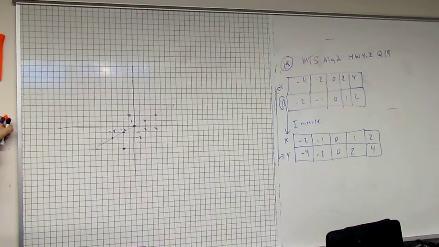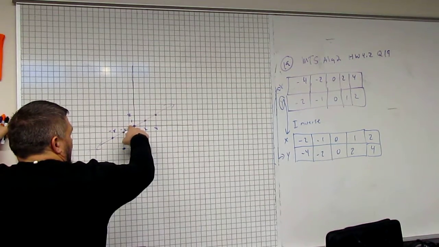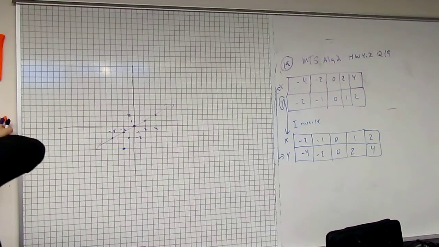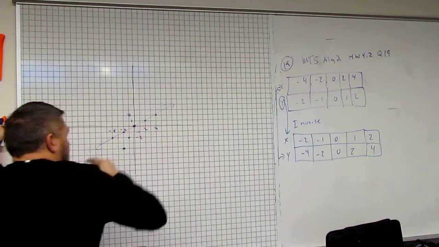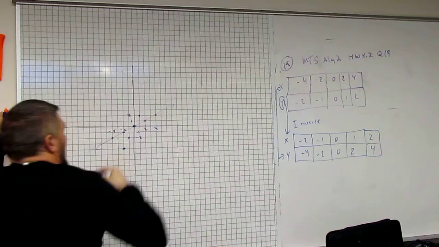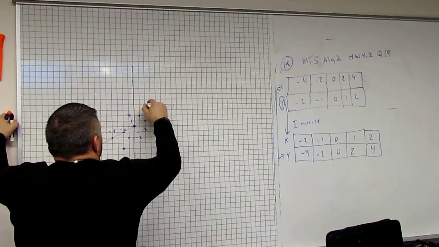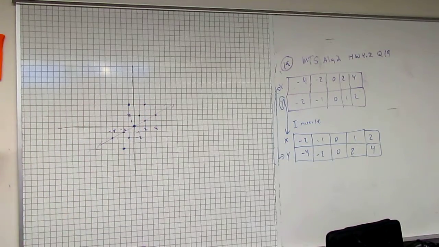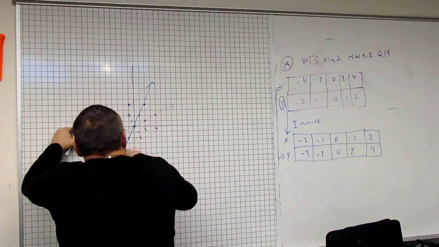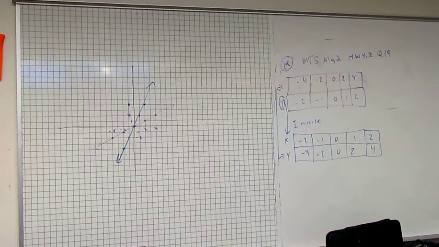Okay? -1, -2. 0. 1 and 2. 2 and 4. Look, it's another line. So the inverse is the same type of function, but it's inverted.